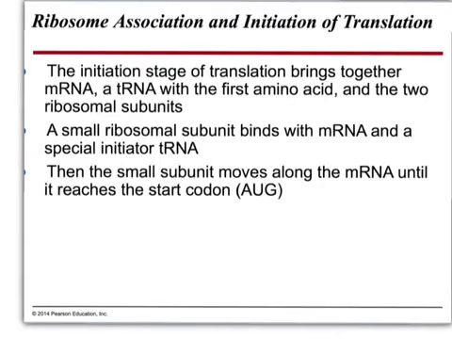The initiation stage brings together your mRNA, your beginner tRNA, and then the two subunits of the ribosome. What do we know about the 5' end of an mRNA? What's on the 5' end of a mRNA that has left the nucleus? The 5' cap, the guanine cap.